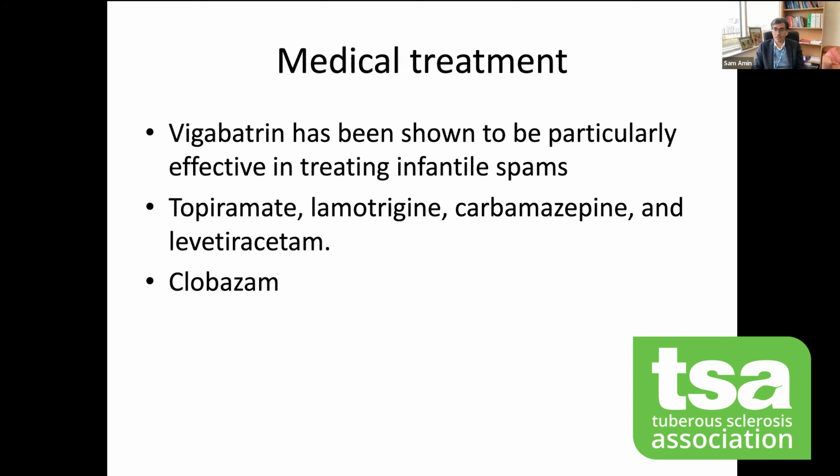So how do we treat infantile spasms? This may be relevant to some of you. The first line treatment is vigabatrin. This is a well-known anti-seizure drug, and it works generally well for infantile spasms. There are some other drugs that can be used for other types of seizures, and some of you may be very familiar with these drugs: topiramate, lamotrigine, carbamazepine, and so on.